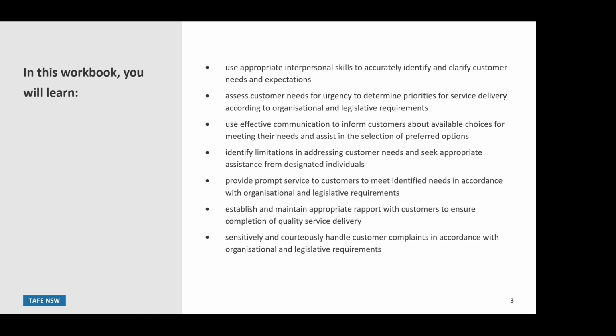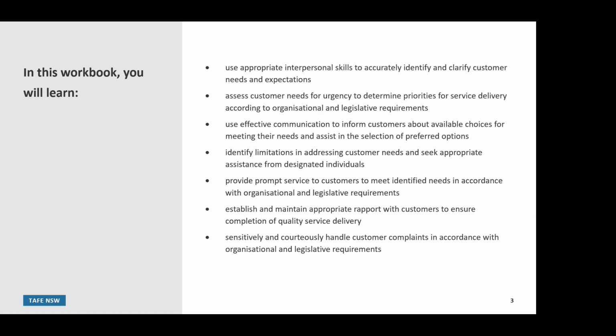Then we're going to look at providing prompt service to customers. And of course, that we are in accordance with the organizational policies and procedures, as well as legislative requirements. We're going to learn how to establish good rapport with our students, with our customers, to ensure quality customer service.